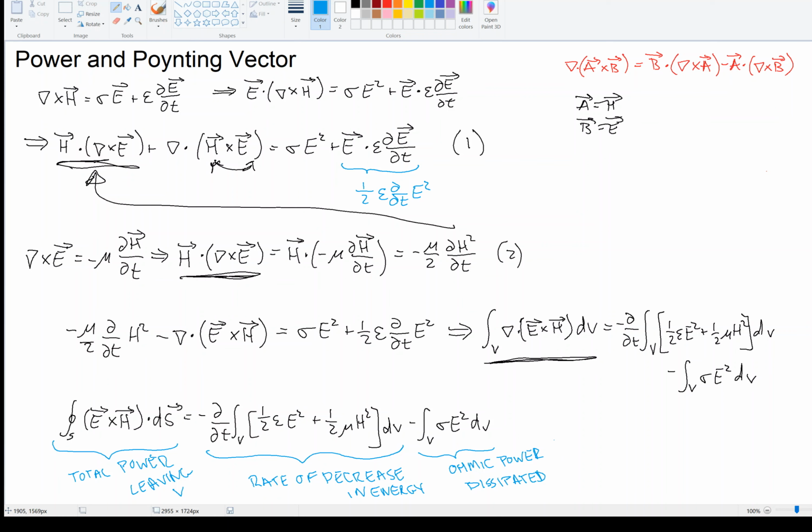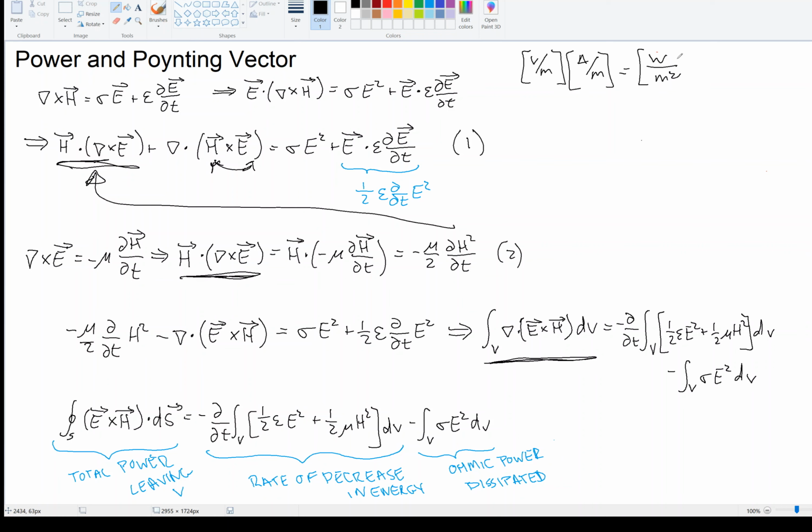Nice. Now, the argument goes like this. We see E cross H quite a bit in our calculations. We wonder what units E cross H has. E, of course, is volts per meter, and if I multiply that by the units of H, which is amps per meter, we see volts times amps. Hey, we know from circuit analysis, that's a watt.